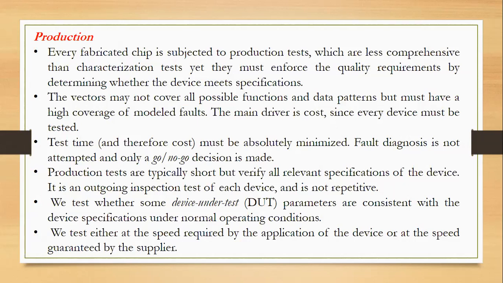So the DUT parameters are compared with the device specifications under normal operating conditions. This has to check whether all the parameters within the device are compatible with the specifications or not. That has to be verified.